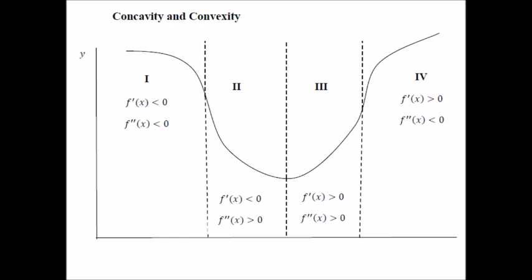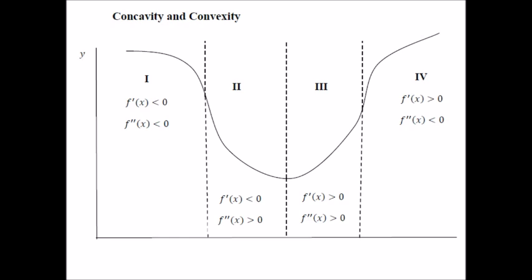Versus in region 2, it looks like the left side of the letter U. It has a positive second derivative, so it is convex. Notice that that convexity continues into region 3.